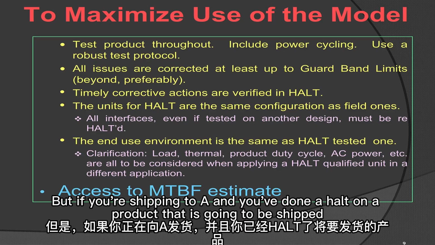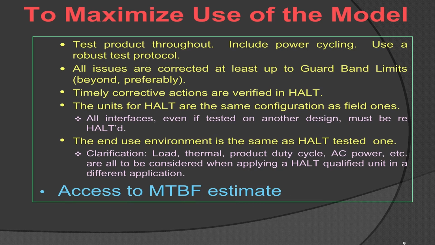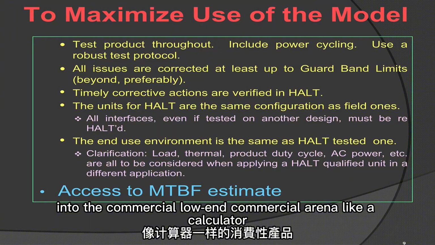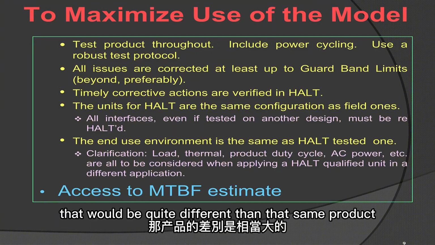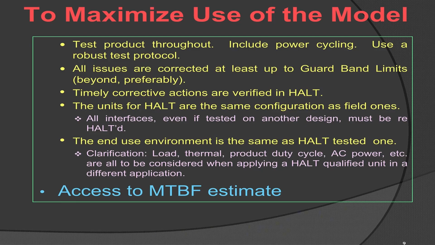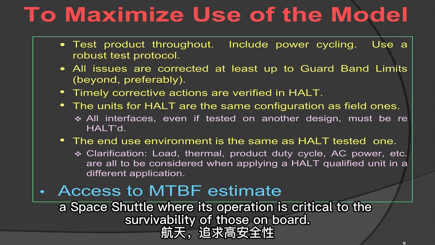But if you've done a halt on a product that is going to be shipped into the low-end commercial arena, like a calculator, that would be quite different than that same product being used maybe on an airplane or in a space shuttle, where its operation is critical to the survivability of those on board.